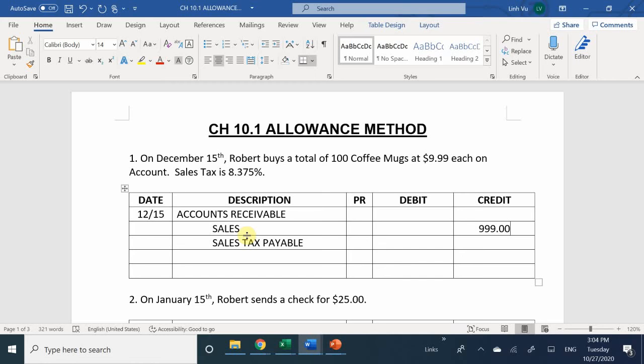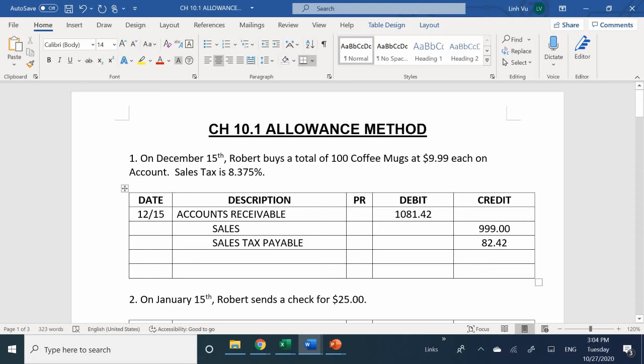And then the tax is $82.42. That makes the debit in the accounts receivable column $1,081.42.